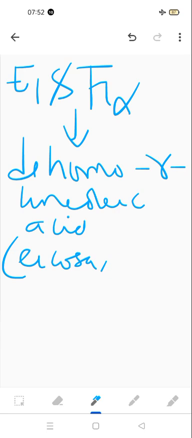Specifically, the positions of the double bonds are 8, 11, and 14. So eicosa-8,11,14-trienoic acid.